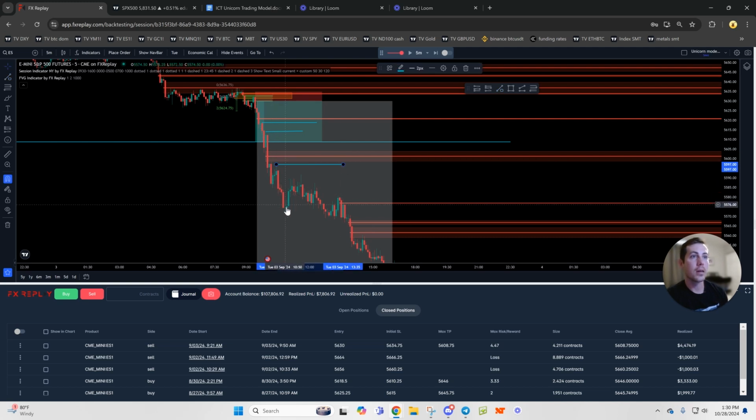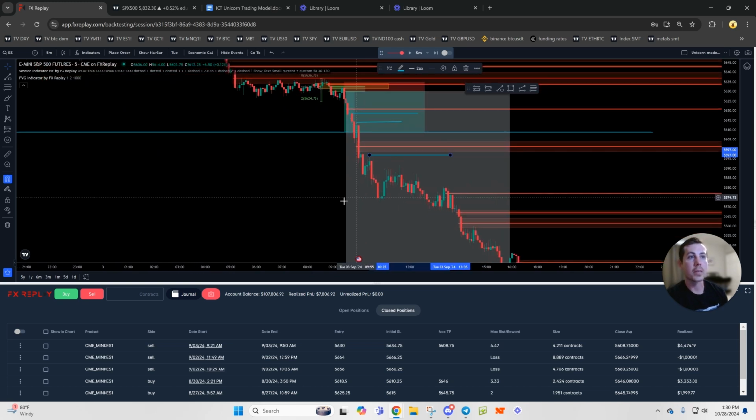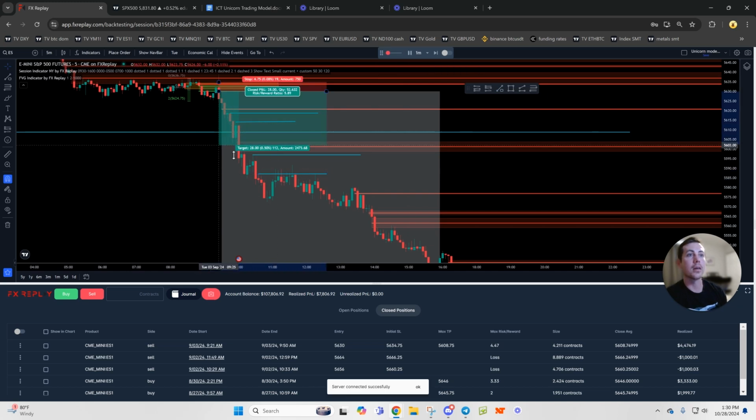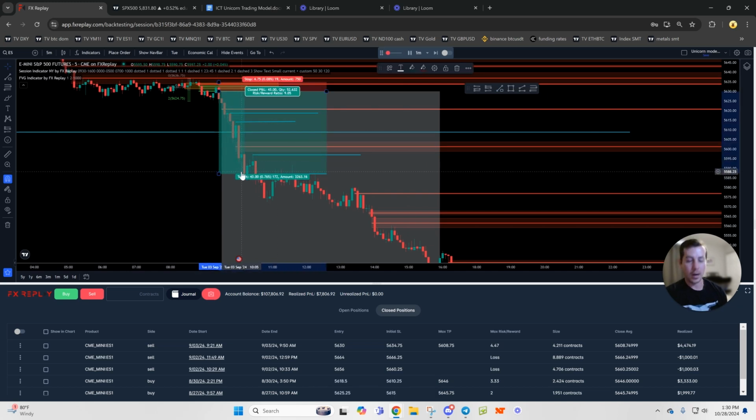And then, let's see, this is probably one that I would have used. So we have a low here. I'll zoom in so you guys can see this. We came up just a little bit and made a lower low. So I would trail my stop loss to the candle before the candle that makes the lower low. And I finally would have got it stopped out here for like 9R.